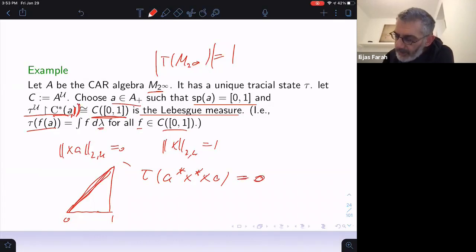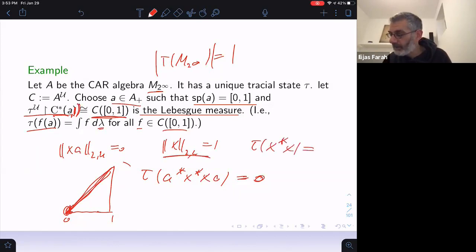Right. So if x tracially hits a in a very small set, in order for it to have a non-zero tracial norm, that is tau of x* x equal to 1, well, you see, we are integrating over a very small set here. So its norm would have to blow up.